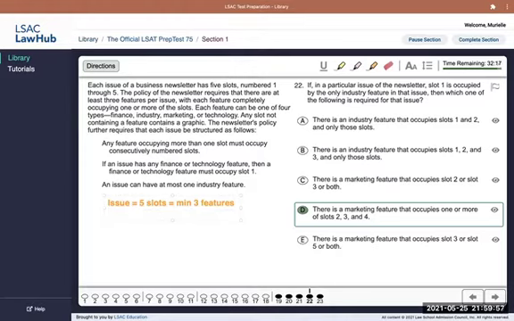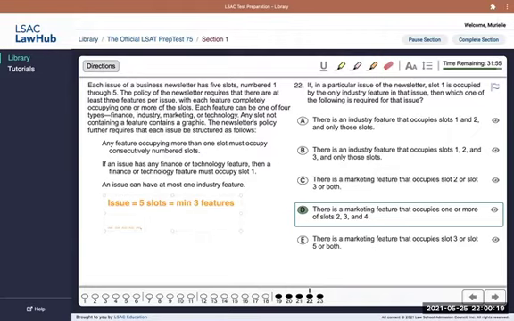So slots and features must be different. There's some relationship between them, we would assume, because an issue contains both. Each feature completely occupies one or more of the slots. So I would think about it as an issue of a newsletter.